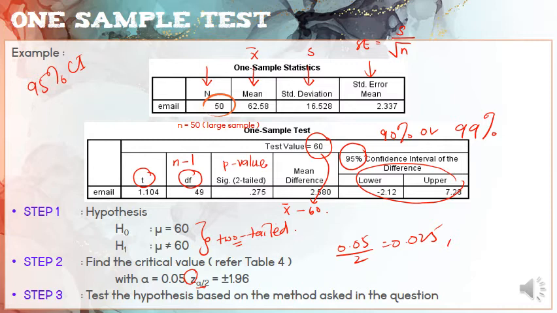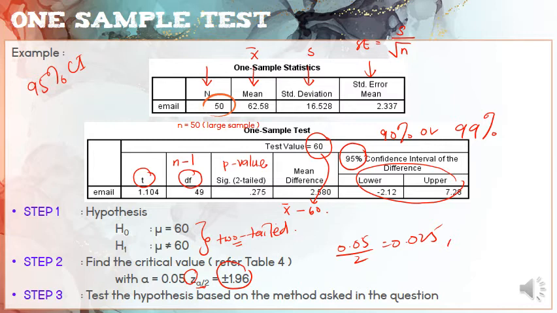Simply go to Z alpha per 2, okay, you pergi dekat table number 4, cari alpha 0.025, tak ada degree of freedom sebab this is a large sample, and you akan dapat critical value awak plus minus 1.96, sama macam dalam chapter 3.